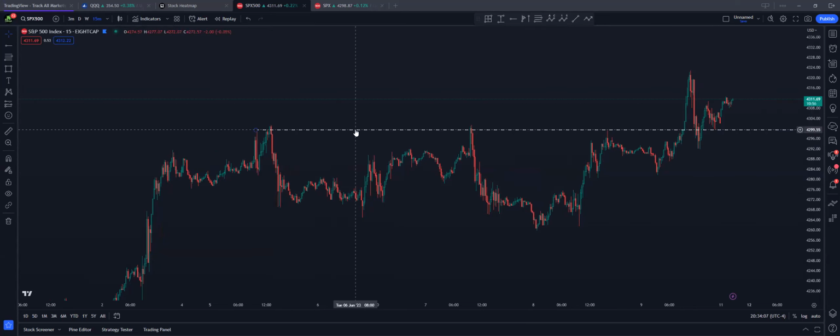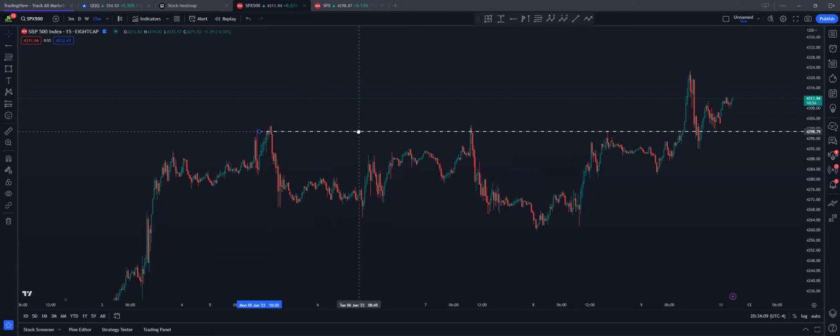As you can see here in the chart, we attempted to break this 4,300 level several times, at least 3 times, 1, 2, 3, but were unable to do so until the 4th time. This shows us that this is a strong resistance. We can mark it as a resistance. The moment we broke over it, it became a support.